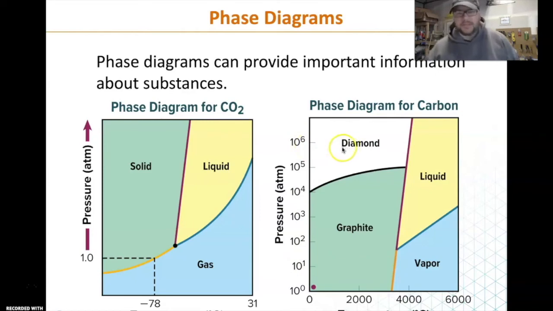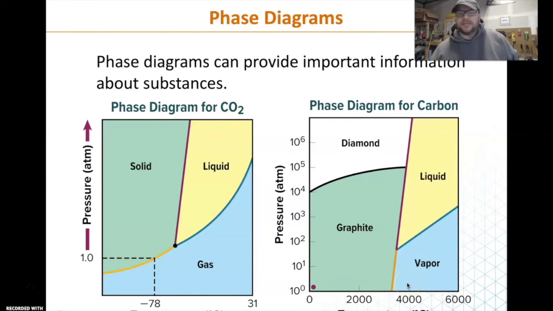We can get diamonds, and diamonds and graphite are both solids for carbon. Those are allotropes, if you remember from lesson 3. Then we could get liquid carbon if we had a high enough pressure and temperature, and then you could vaporize carbon as well. At 1 atmosphere of pressure, if we heated that carbon up, we would not melt it, we would sublime it into a gas.